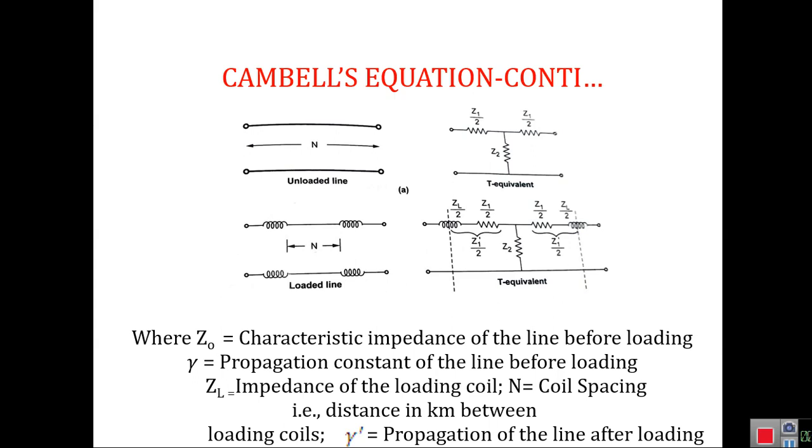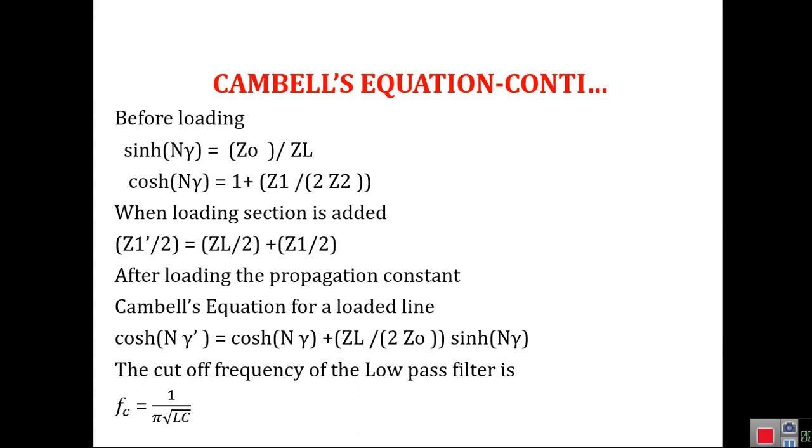So before loading and after loading we can explain using Campbell's equations. Before loading, sinh gamma equals Z0 by ZL, and cosh gamma equals 1 plus Z1 by 2 Z2. When the loading section is added, Z1 dash by 2 becomes ZL by 2 plus Z1 by 2 in series.